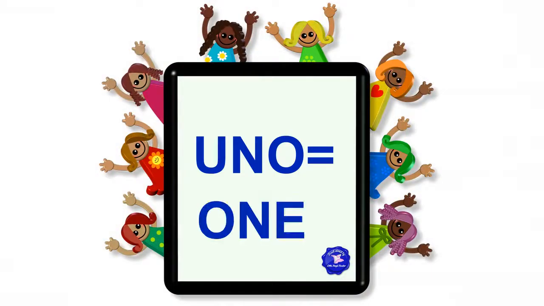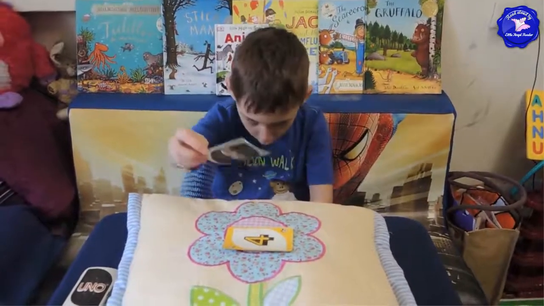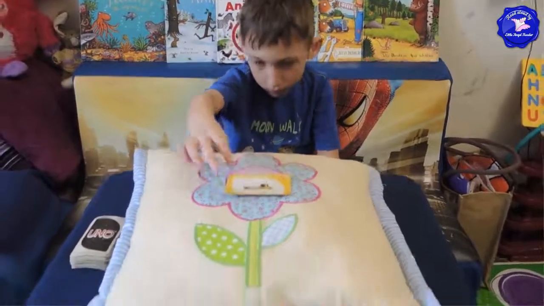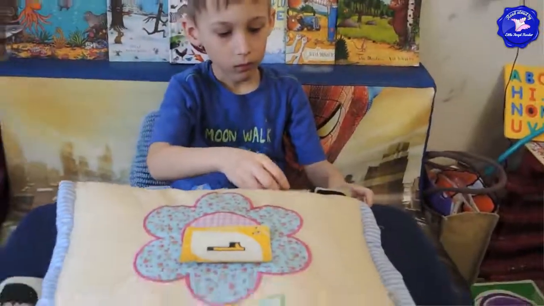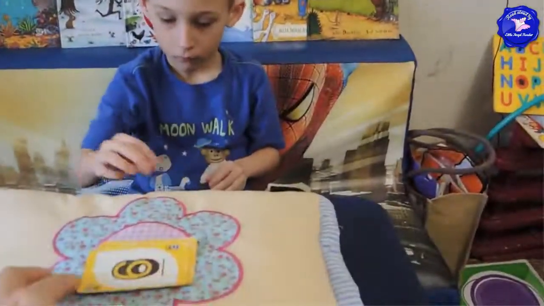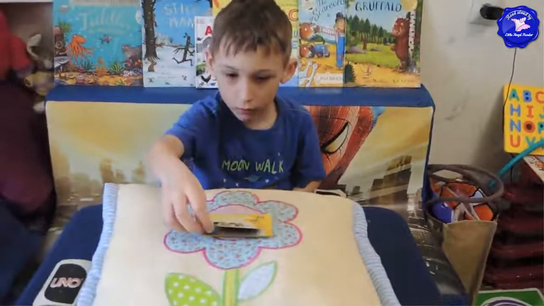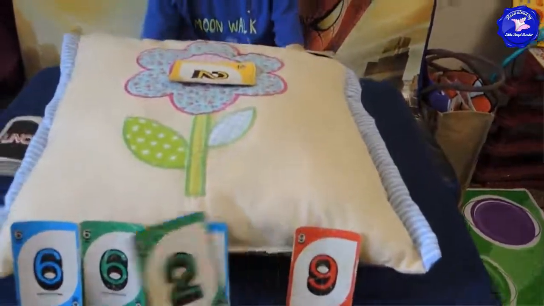Uno. 1 yellow. Okay, I go fish. 6 yellow. Your turn. 2 yellow. 2 green.